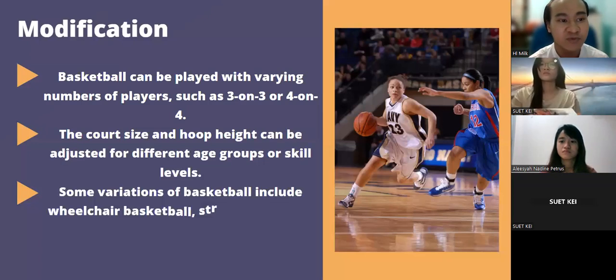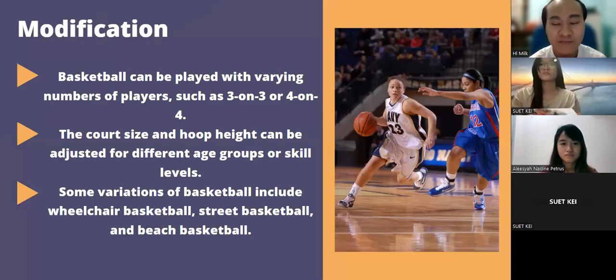So what is modification? Modification means the rules can somehow be changed. Like basketball can be played with varying numbers of players, such as 3-on-3 or 4-on-4. Actually, we can also play 1-on-1, but mostly it depends. 1-on-1 is when we don't have enough players and we are not in a formal competition.